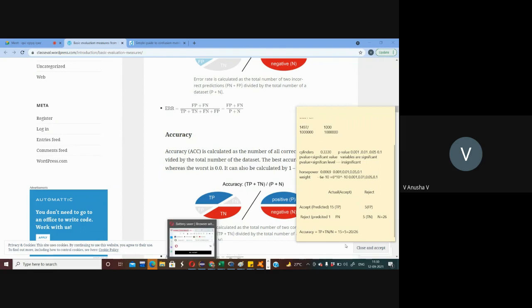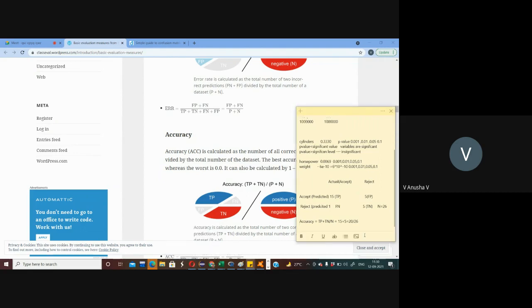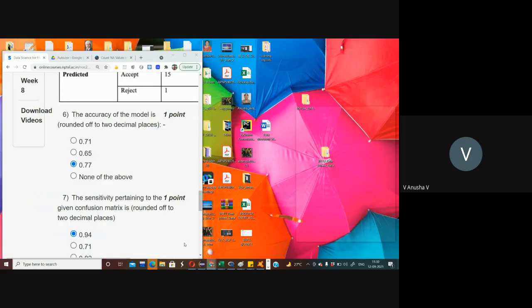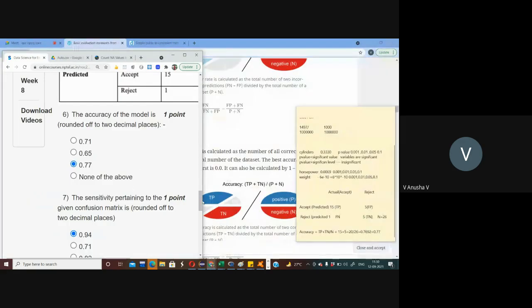So 20 by 26 will be approximately equal to 0.769, 0.7692. So you need to round it off to 2 decimals, then it will be equal to 0.77. Let's see whether we have that option there. Yes, we have that option. So this is how you can find the accuracy.